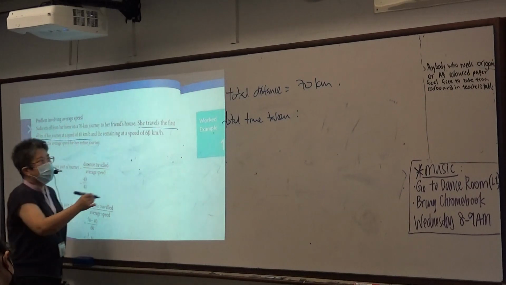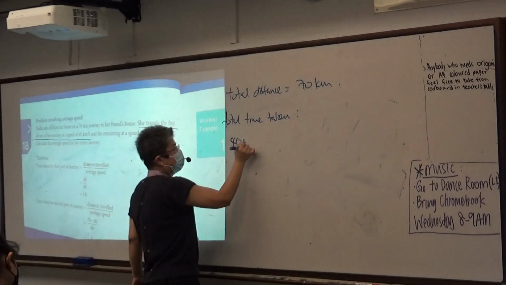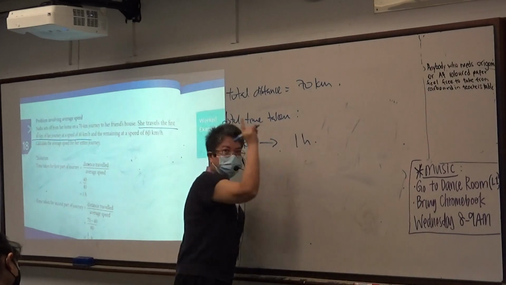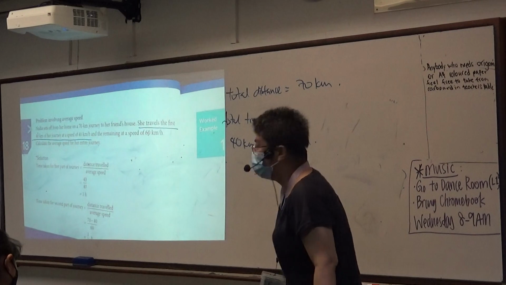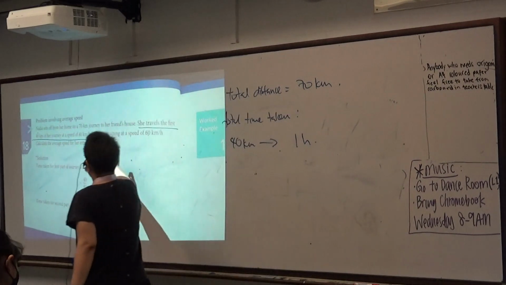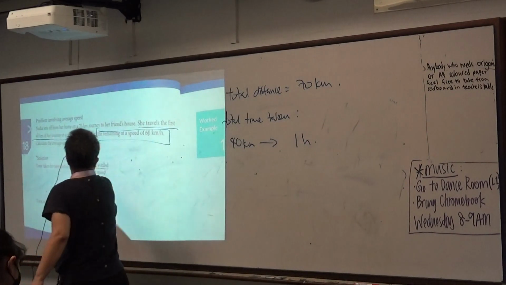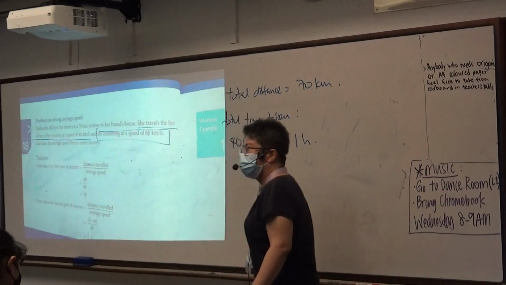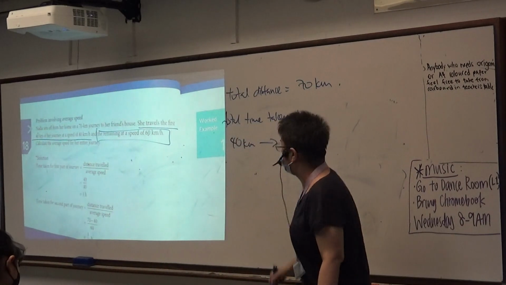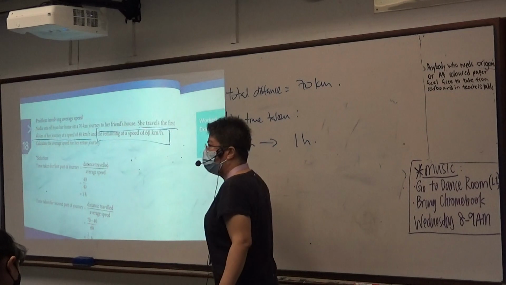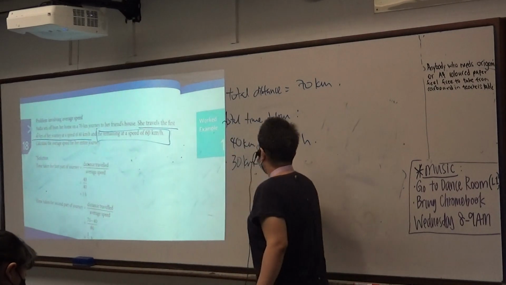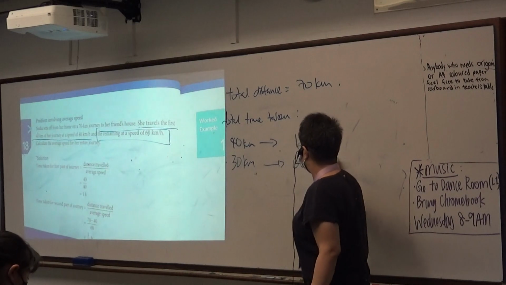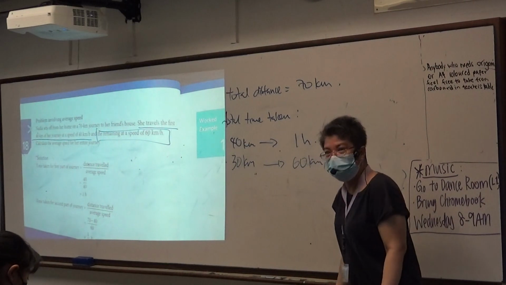So, for 40 kilometers, she took 1 hour, right? The first part. Correct. What about this? What does it mean? The remaining at the speed of 60 kilometers per hour. That means she has how many kilometers left? 30, right? And she traveled at 60 kilometers per hour, right?